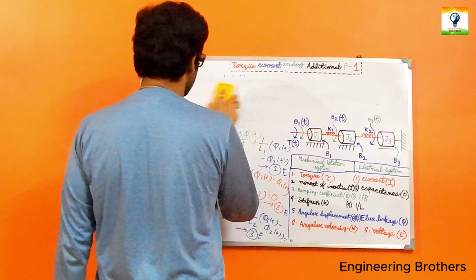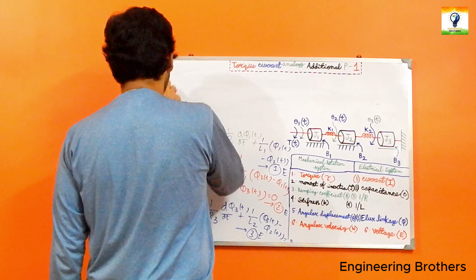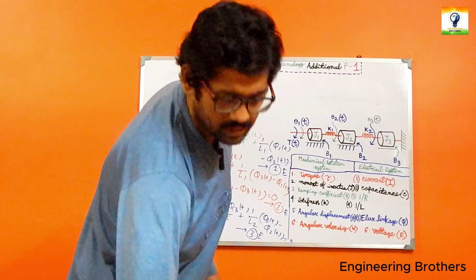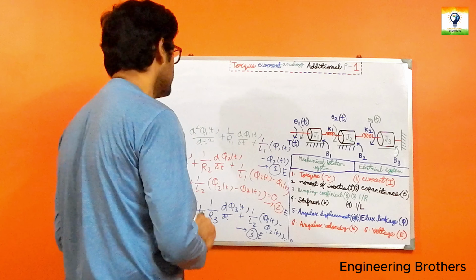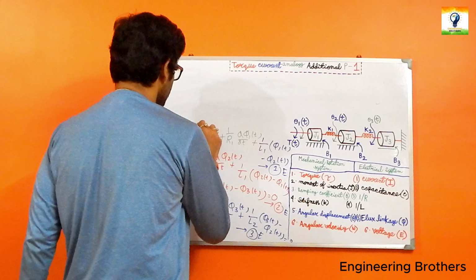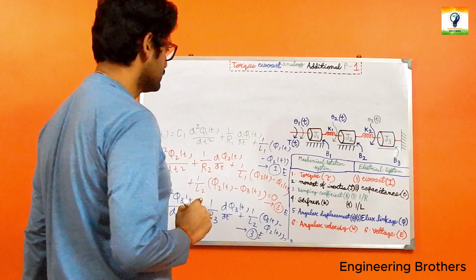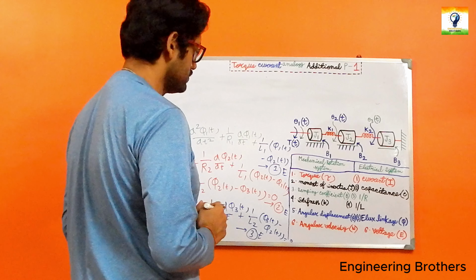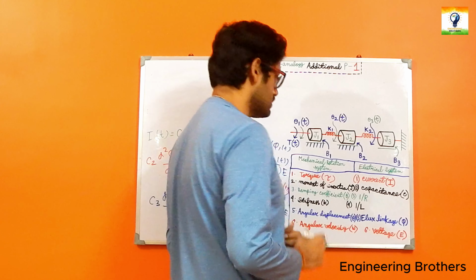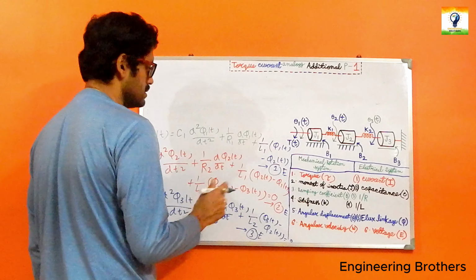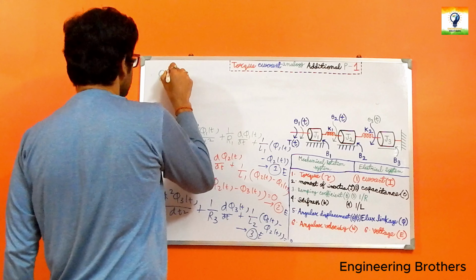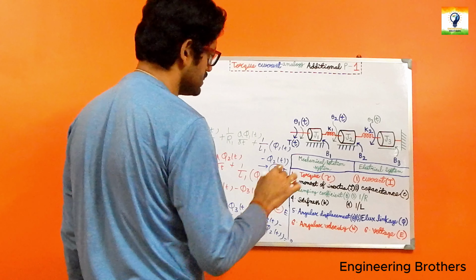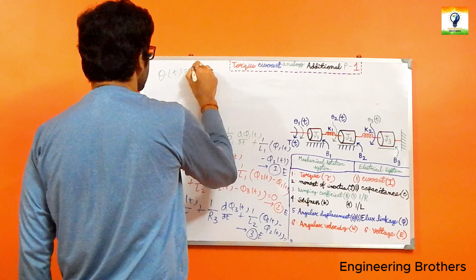First of all, I would like to use a very crucial relation, and that one is going to be interesting. According to our analogous chart, we have the displacement, which is angular displacement theta(t), that is nothing but our flux linkage.